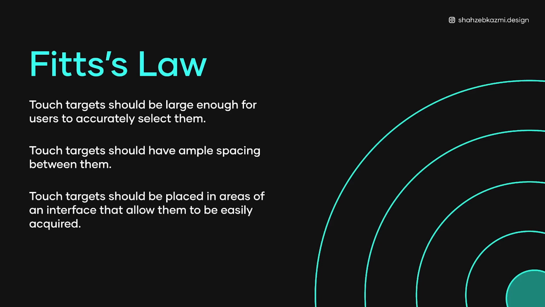So if you have multiple CTAs in an interface, like a modal has got a few CTAs like cancel or continue, they need to be spaced apart enough that nobody mistakenly clicks the other while intending to click on the other. The third one is touch targets should be placed in areas of an interface that allow them to be easily acquired.